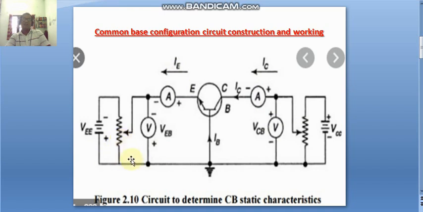So this is the construction and working of the common base NPN configuration circuit.